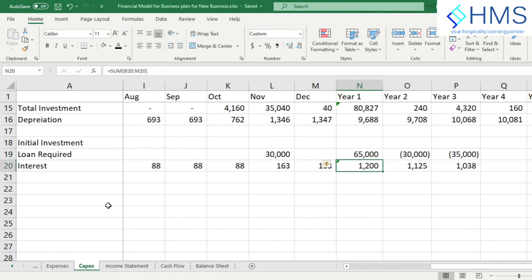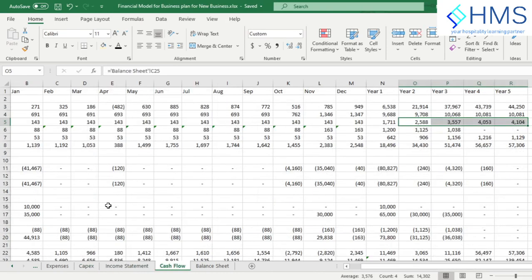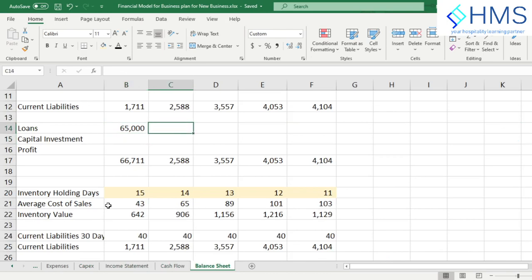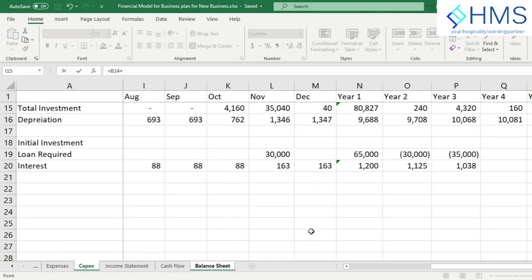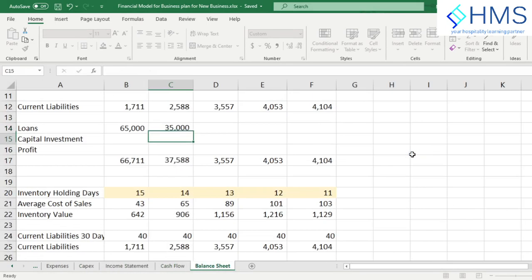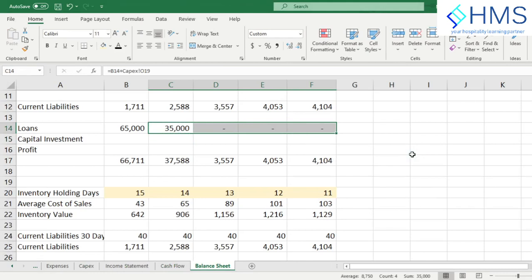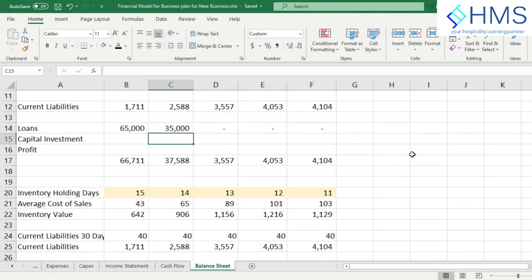So 65,000 we have taken, and then the plus, because we have to do the year to date. We have to add whatever is in year two, and now we get it. Okay, so we have actually repaid our money outstanding. So this is at the end.